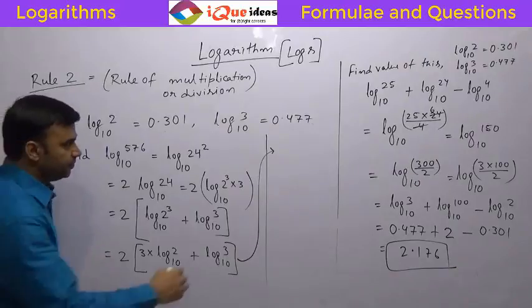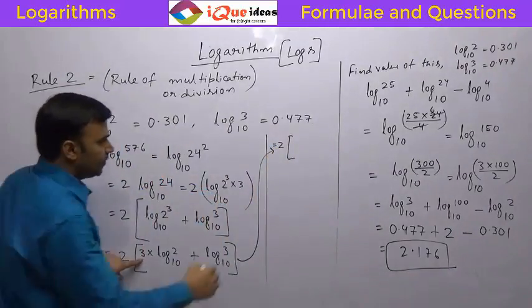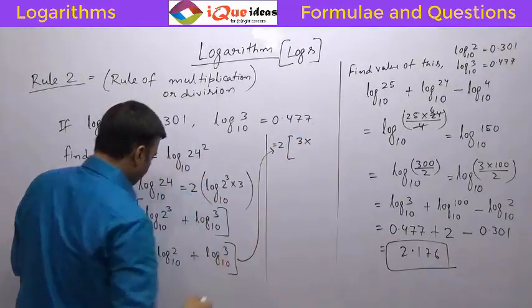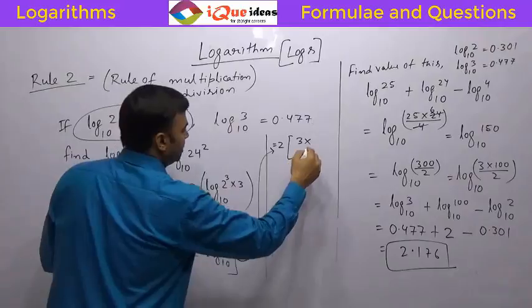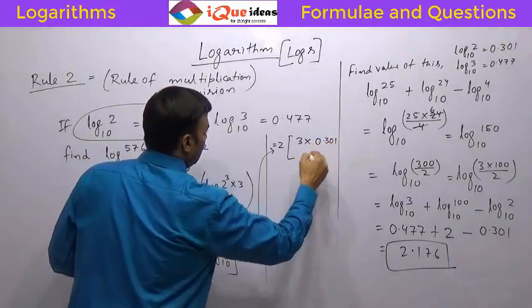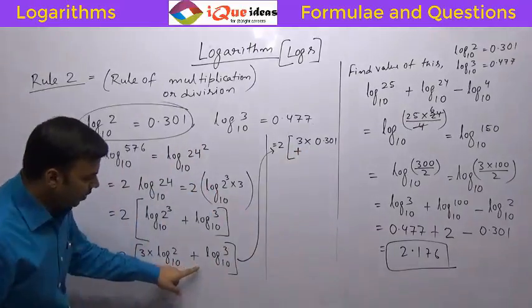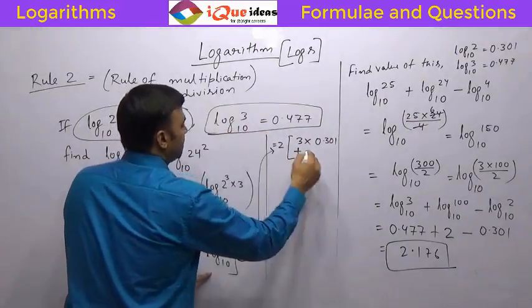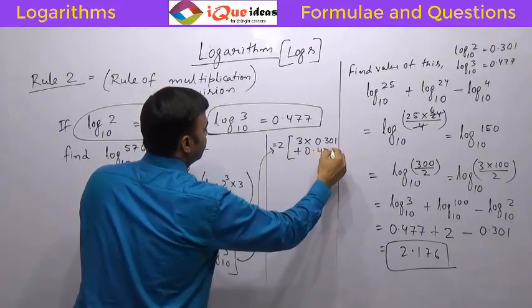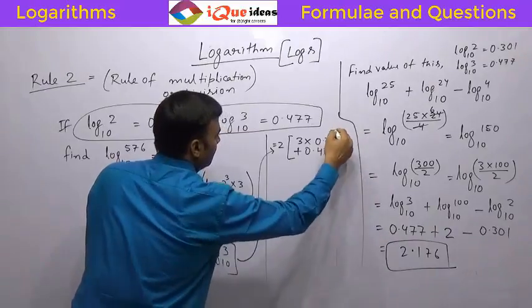So it is 2 into this 3 that is already there into log 2 to the base 10, which is given here, that is 0.301, and then this plus sign, so plus, and then log 3 to the base 10. Now log 3 to the base 10 is here, so it is 0.477. So you have to add them carefully, right?